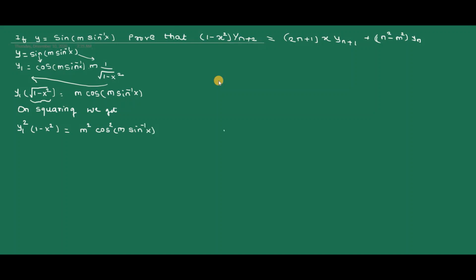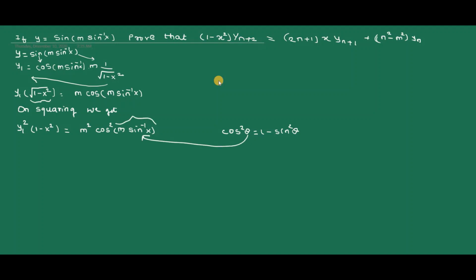Now as we know, how can I write cos square theta? Cos square theta we can also write as 1 minus sin square theta. In place of theta we have m sin inverse x.